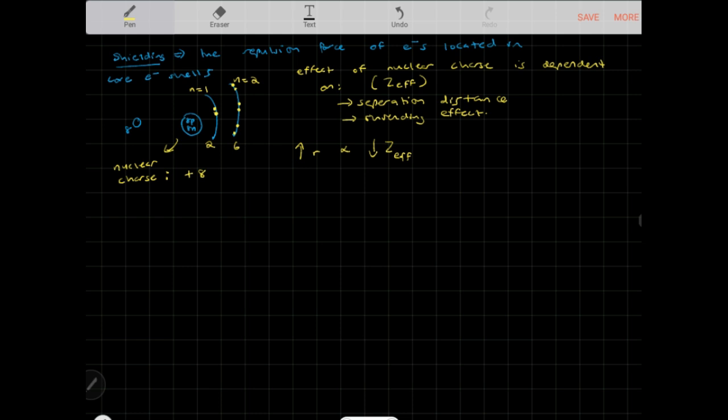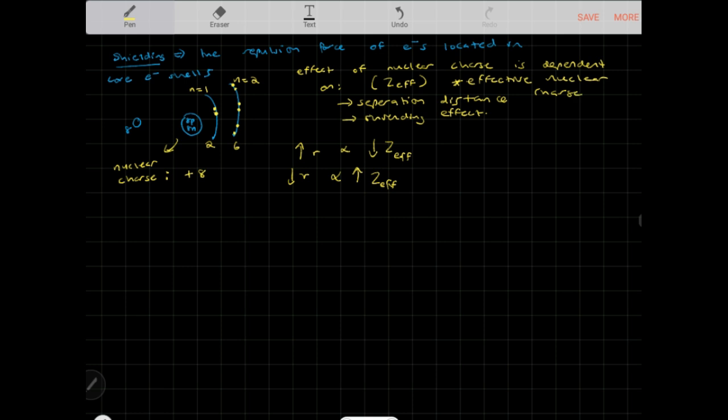We know that electrostatic forces between charges are dependent on distance. As the separation distance to the nucleus decreases, the effect of the nuclear charge will increase. So we're going to call Z effect the effect of the nuclear charge. We can even call it the effective nuclear charge. Although the nuclear charge is constant, the effective nuclear charge is dependent on separation distance and the shielding effect.